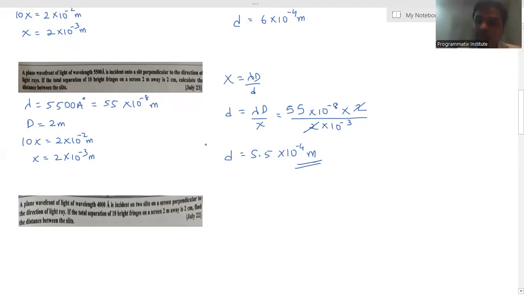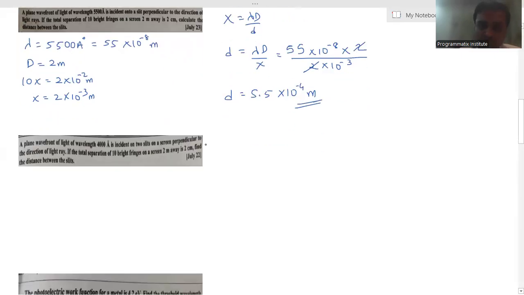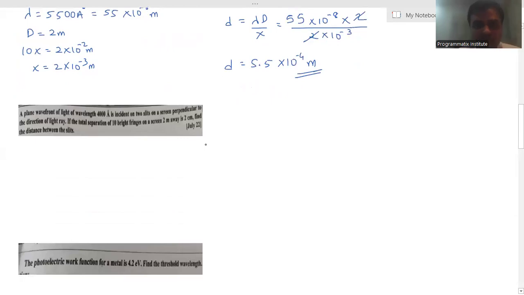So I'm not writing more numbers. What I'm trying to do is first get your thing to find aside and then substitute. That would be much easier to understand, much easier to solve, and you also reduce your errors, because the more the numbers, the more will be your error, right? So this is the way that you work with things.